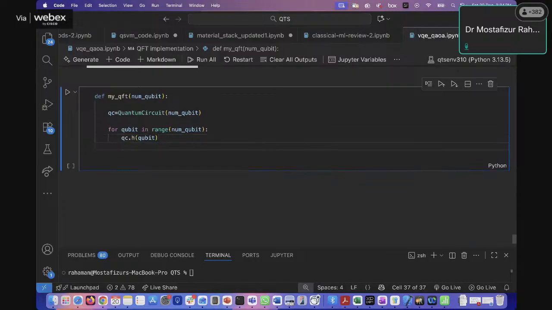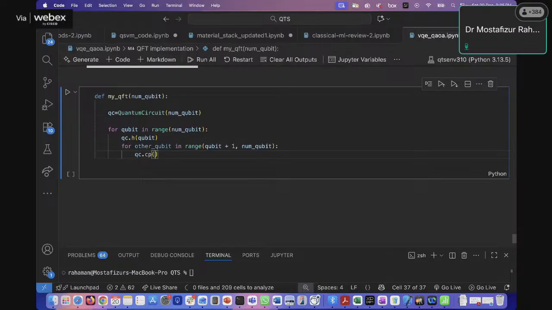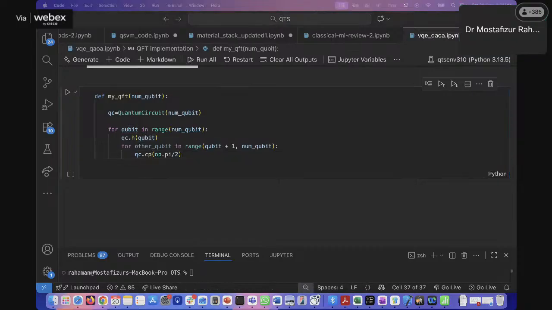Then for other qubit in range qubit plus 1 to num qubit, qc.cp, the controlled phase gate application, with the phase angle np dot pi by 2 to the power of other qubit minus qubit, comma other qubit, comma qubit.